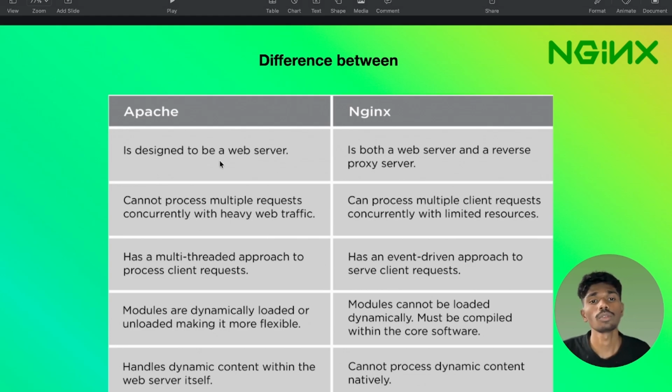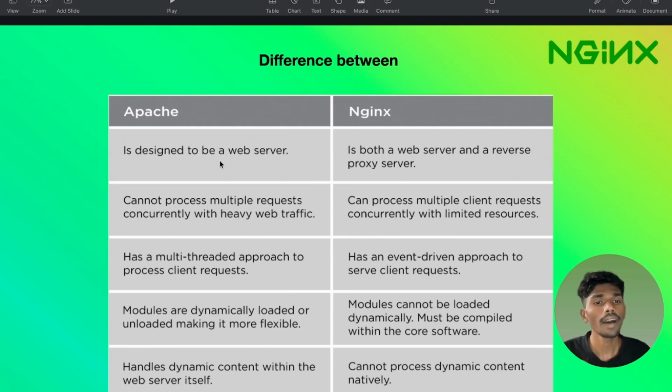Apache is designed to be a web server, while Nginx is both a web server as well as a reverse proxy server. Nginx fetches the request from the client, delivers it to a web server, fetches the response from the web server, and the data gets transferred to that particular client.